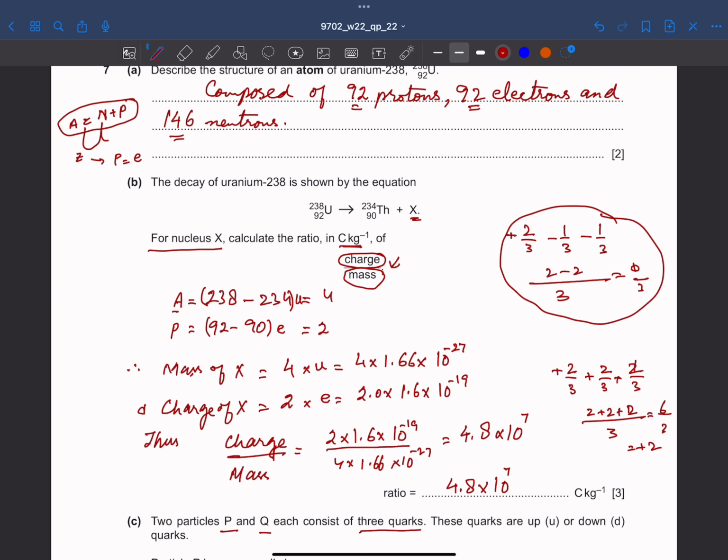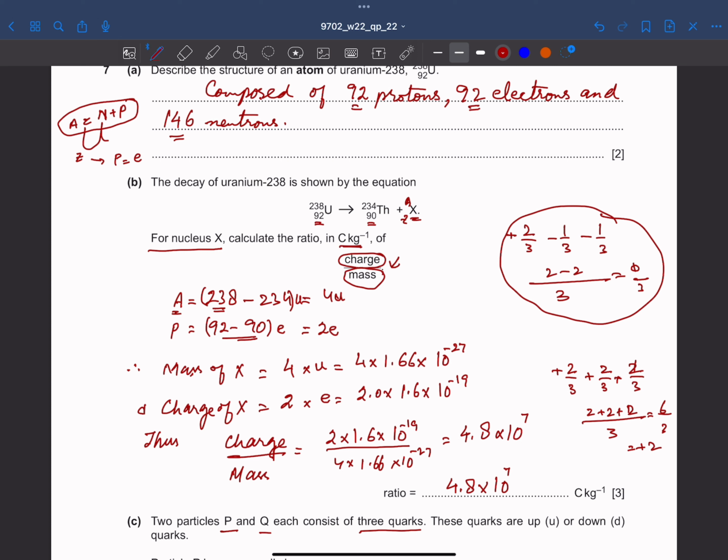Simply you can say A is, as I said, 238 and 234. When you subtract these two, you will get A of X. And when you use 92 and 90, you will get the value of your P or Z. So you have 4 u, and the charge is 2e.